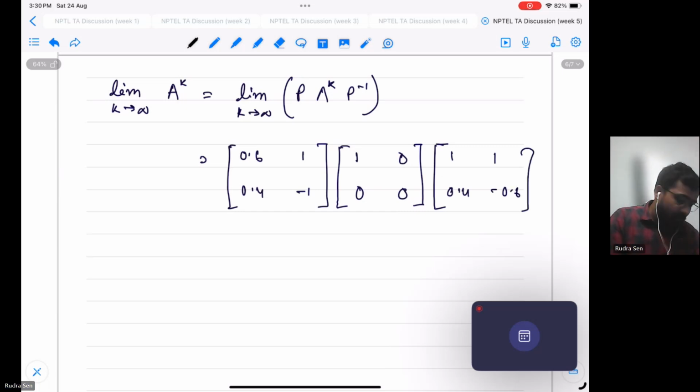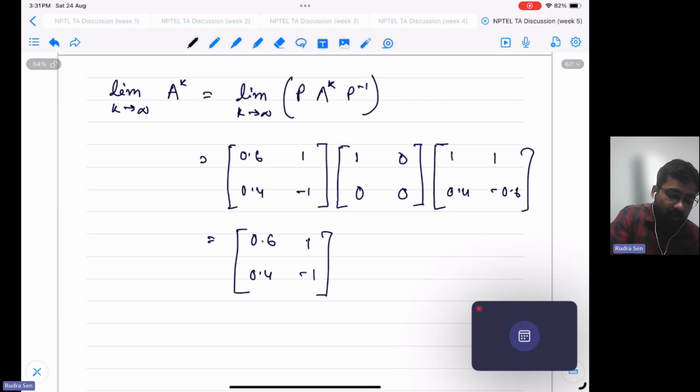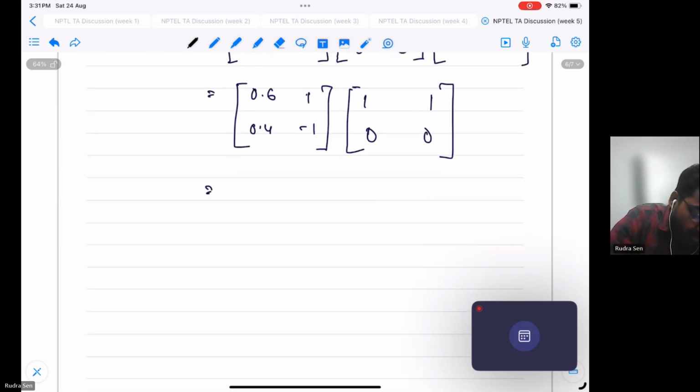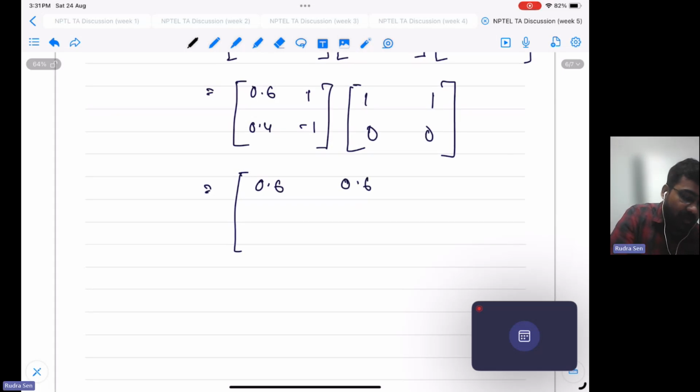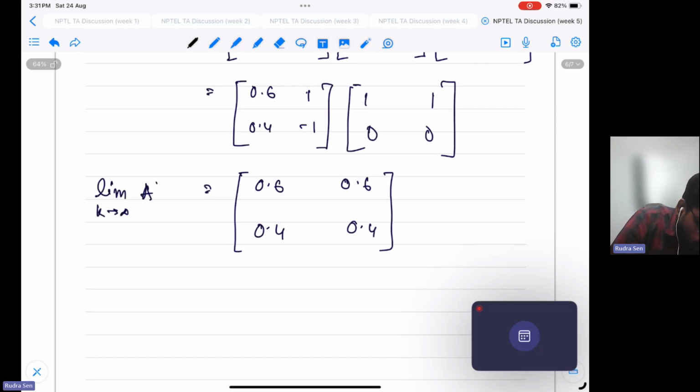So ultimately we get 0.6, 0.4, 1, minus 1, times 1, 0, 0, 0. So we get 0.6, 0.6, 0.4, 0.4 as the limit of A to the power k.